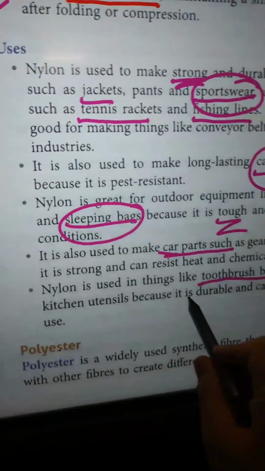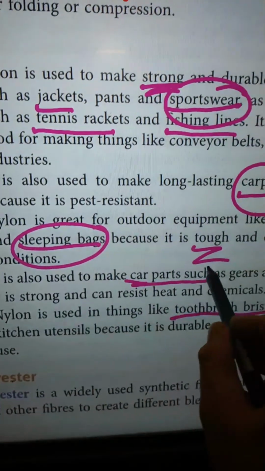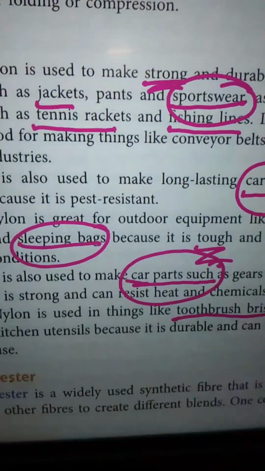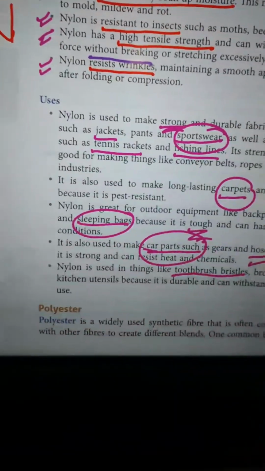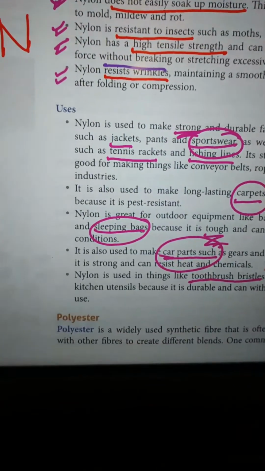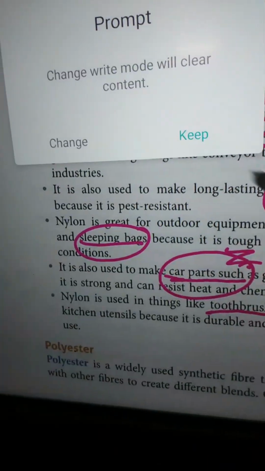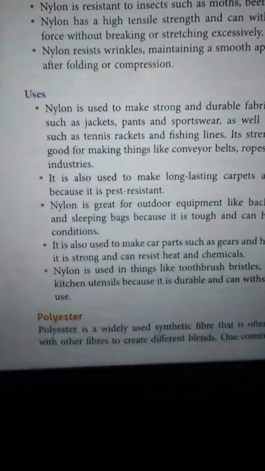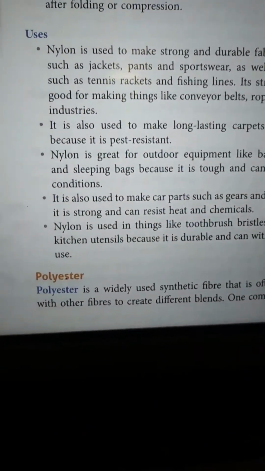And here it is written, it is used to make toothbrushes, and car parts. Car parts means the interior part of the car. It looks like plastic, but that is nylon. So these are some of the uses of nylon.